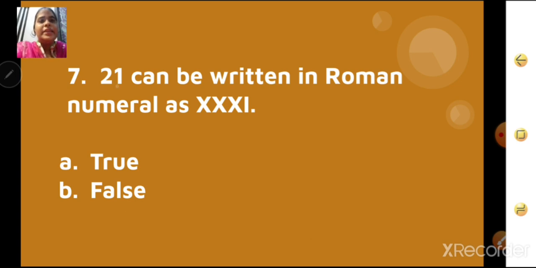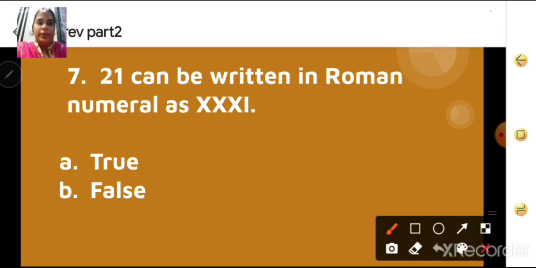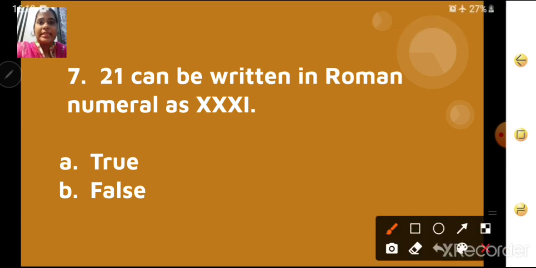Next, 21 can be written in Roman numeral as XXXI. Now first I have to find out what is 21, and then we will check whether the answer that is given is correct or not. Now 21 is equal to, okay, 20 plus 1. Now do I have 20 in Roman numeral, any symbol representing? No. So what I will do, I will divide it more. How I can divide? Which number can I put? 10.